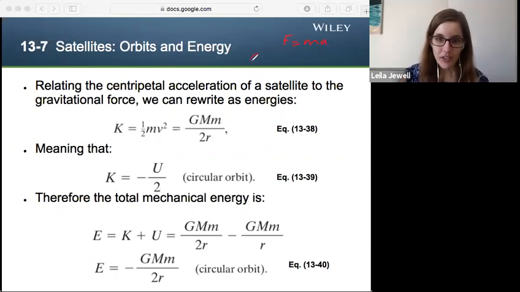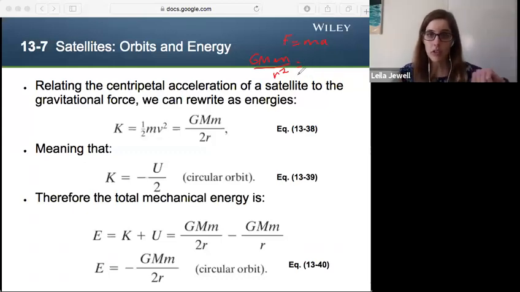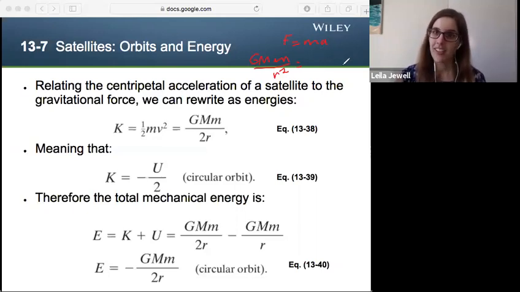Our gravitational force is big G, big M, little m, all over r squared. And since the satellite is traveling in a circular orbit as it goes around and around the Earth, we know that it does have acceleration. What kind? Our centripetal acceleration, which we can write as v squared over r.